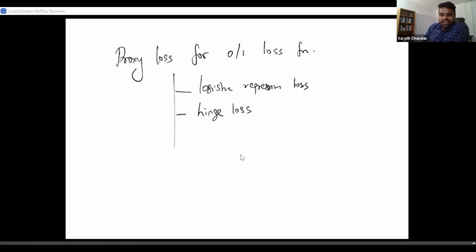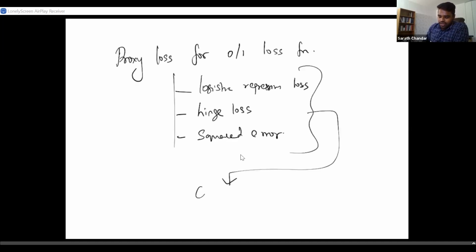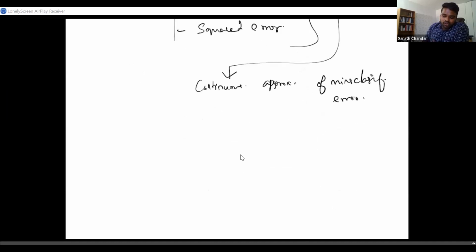In the case of indicator regression classifiers, the proxy loss is squared error. Now, all these loss functions, if you look at them, are just continuous approximations of the misclassification error, right? But there is a problem with squared error.